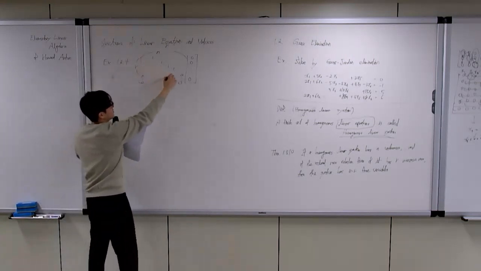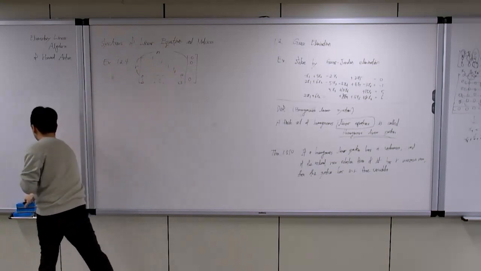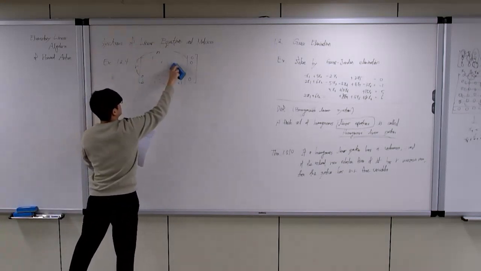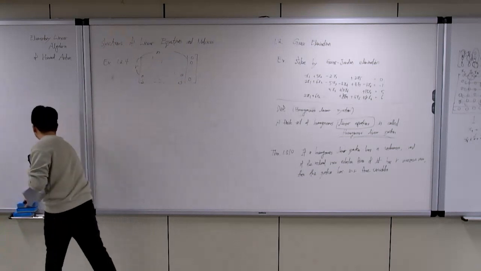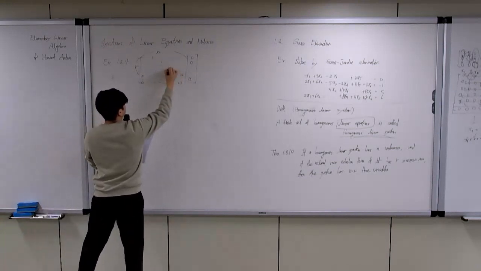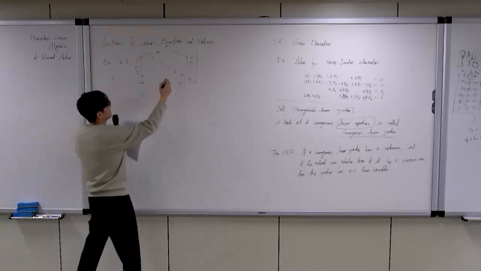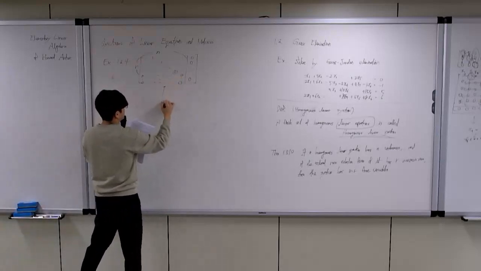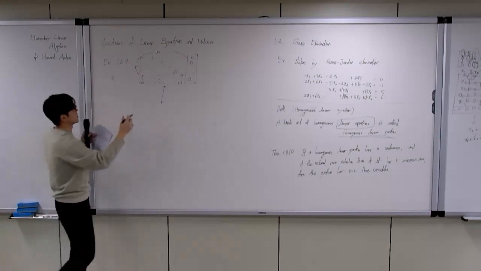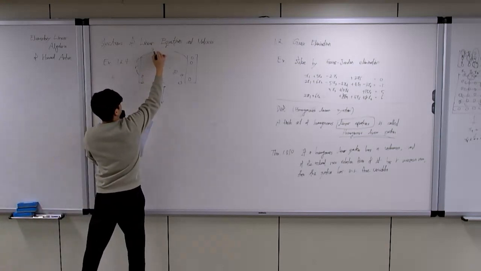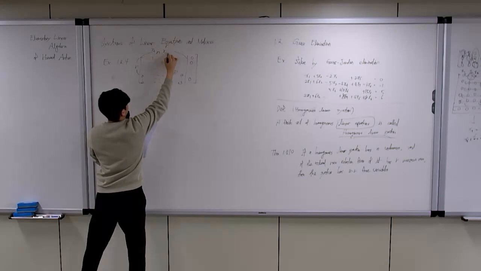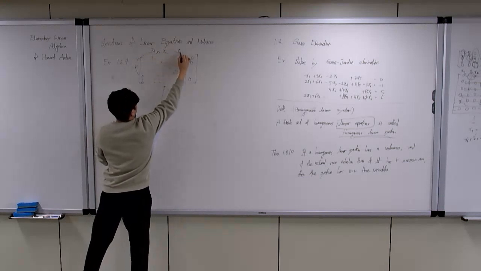So this will be formed like this, and then we will make the corresponding equations f_i1, f_i2, up to f_ir.